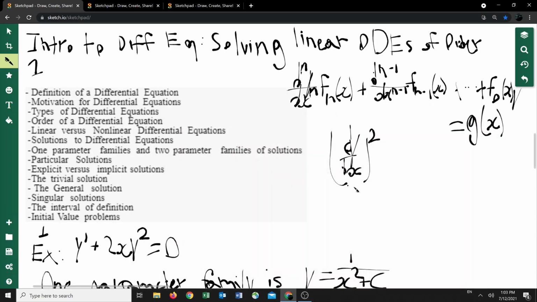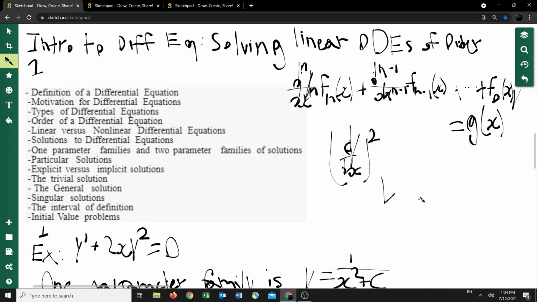Okay, sorry for that. So no matter what else we have here, we have this derivative to a power which is not 0 or 1. So that is an issue. That means that this is already a nonlinear differential equation.